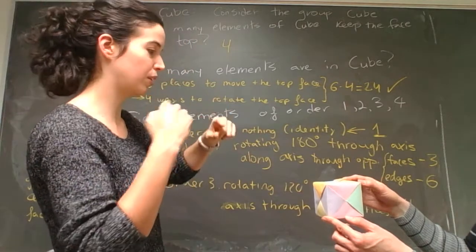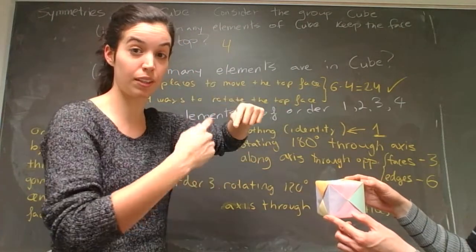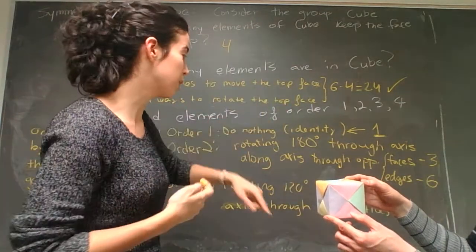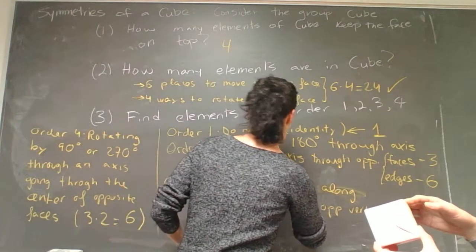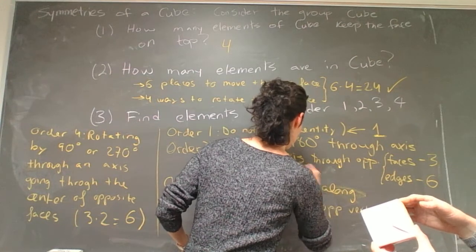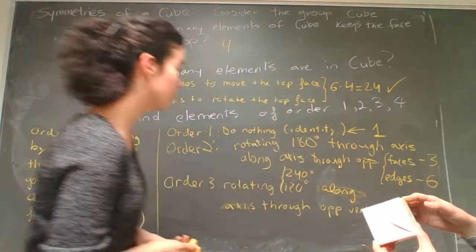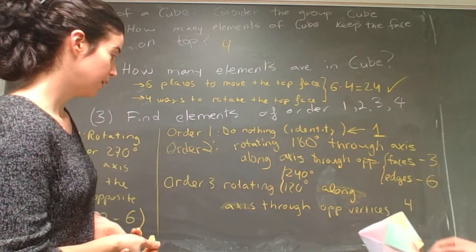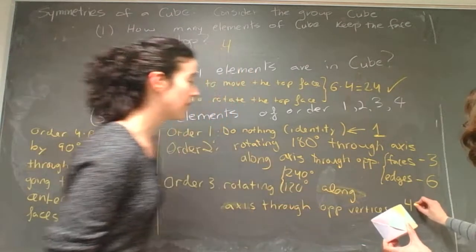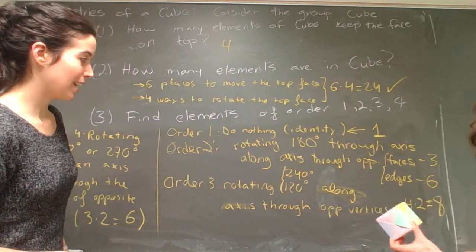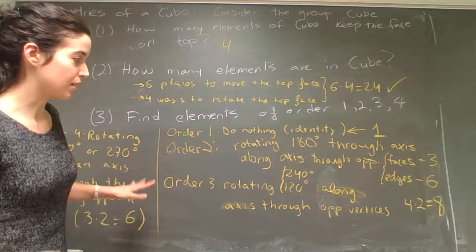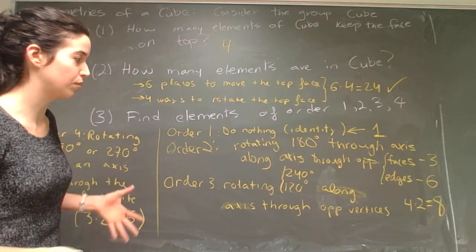You're going to have gone through the rotation twice, like 2 loops, but you end up in the same position. So rotating 240 also has order 3. So we multiply that 4 by 2, like Becca's doing, and we get 8 elements of order 3 at least that we can count, and they're all different.